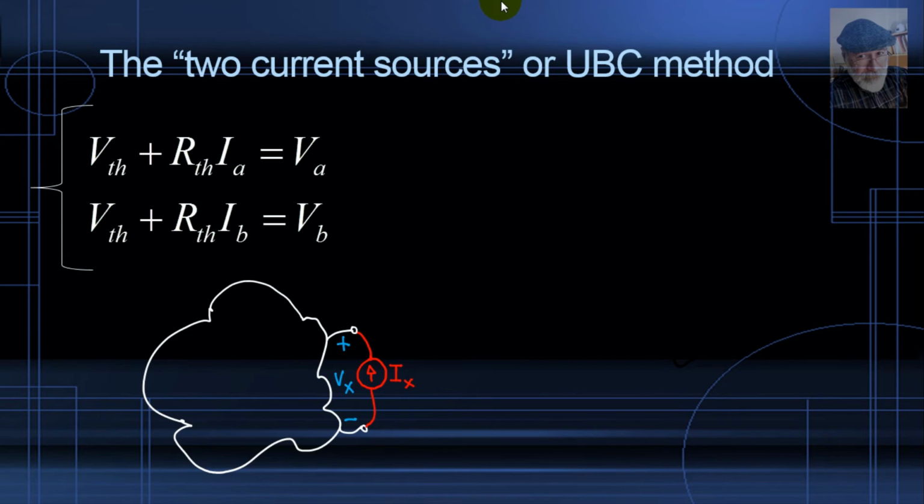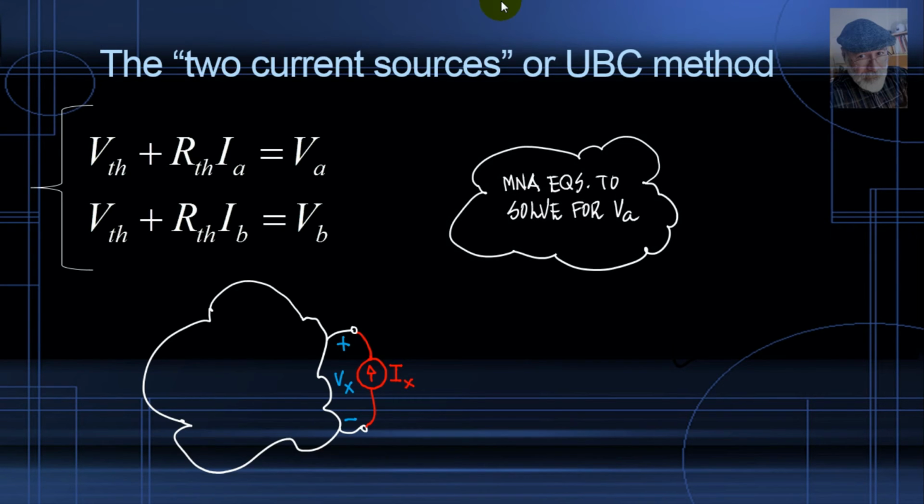In general, I can write the M&A equations in the real circuit applying a generic current source Ix. A voltage Vx should appear. When we write the M&A equations, we substitute Ix for Ia, and we obtain that Vx is Va.